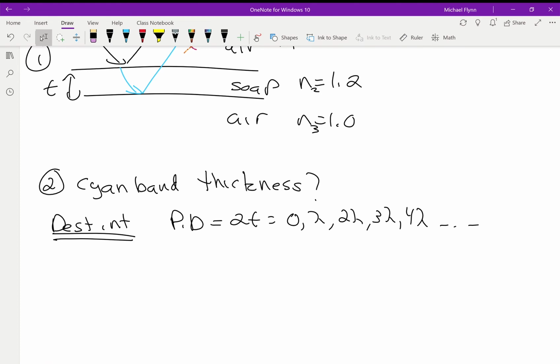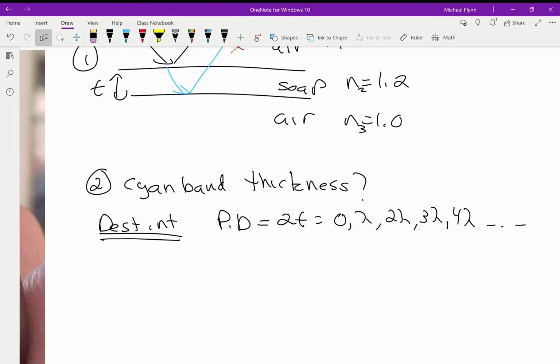These are all the cases for destructive interference. That equals m lambda, where m equals 0, 1, 2, 3, and so on.